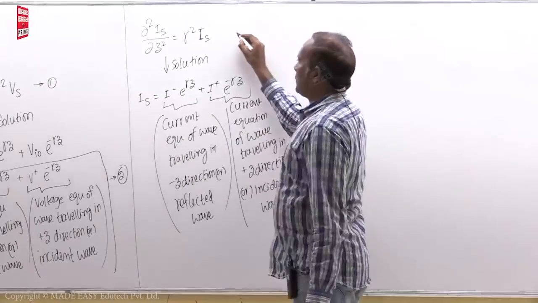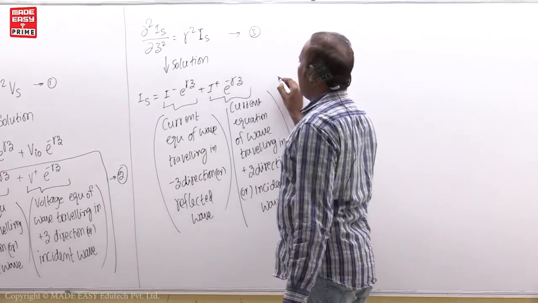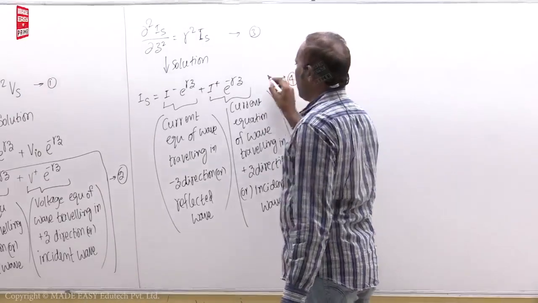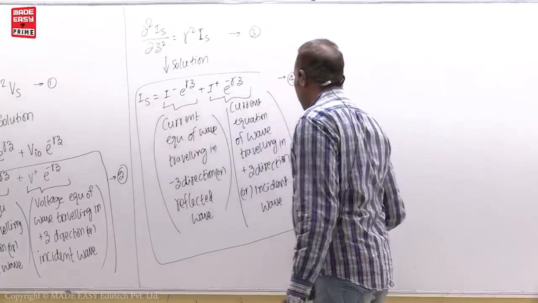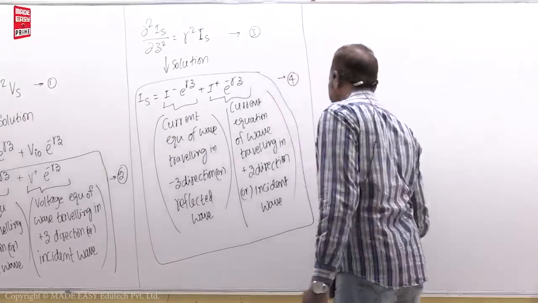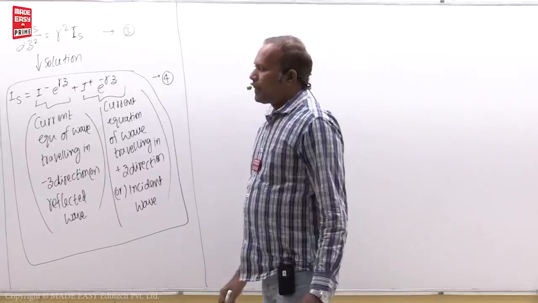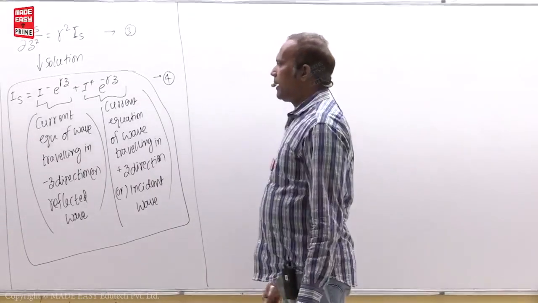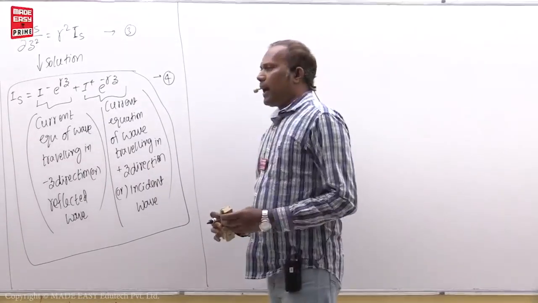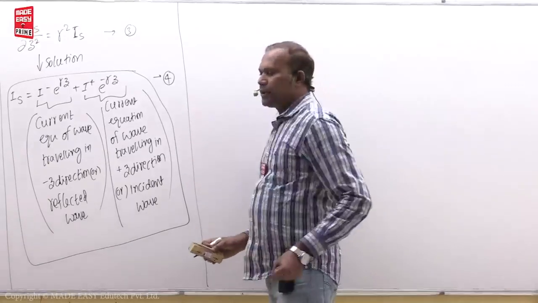So this is equation number 3. This one is equation 4. This is in the box. Here I will write what V plus is and what I plus is. I will write everything. So now I will explain to you the meaning of these solutions.